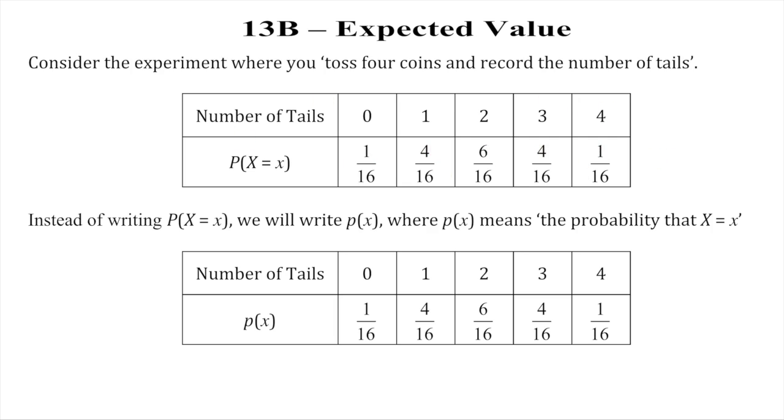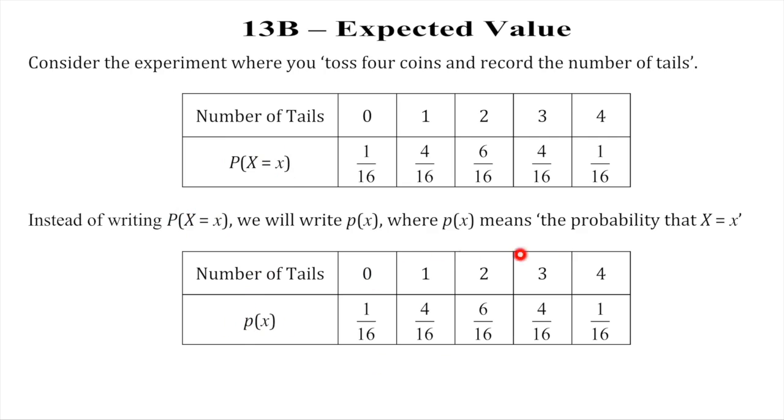Now, instead of writing P of X equals x, that means the probability of capital X equals little x, where x is your number of tails and capital X is what you're looking for, so the probability of getting 0 tails, or getting 1 tail, or getting 2 tails, that's what it implies. It's a messy way of writing it, so we abbreviate that with a little p of x, saying that's the probability of getting what you're looking for.